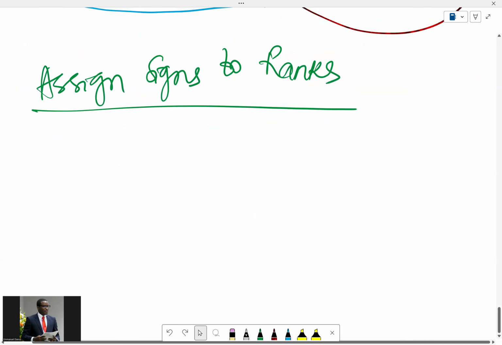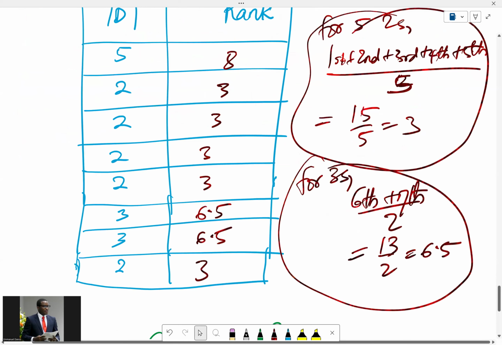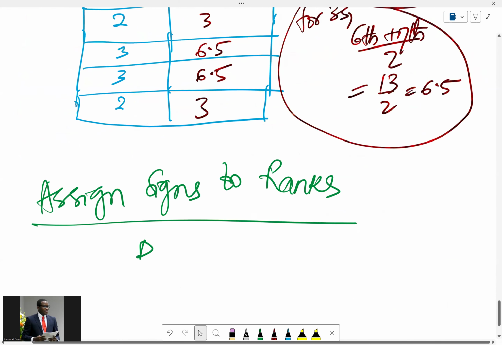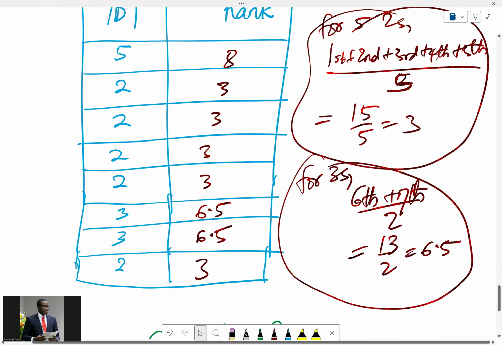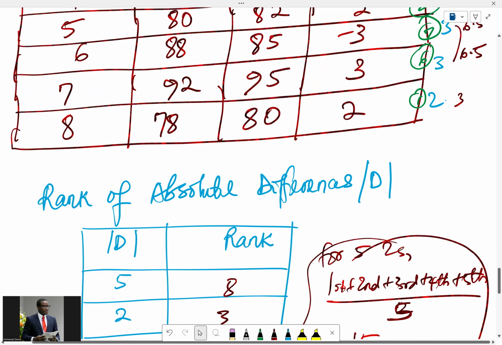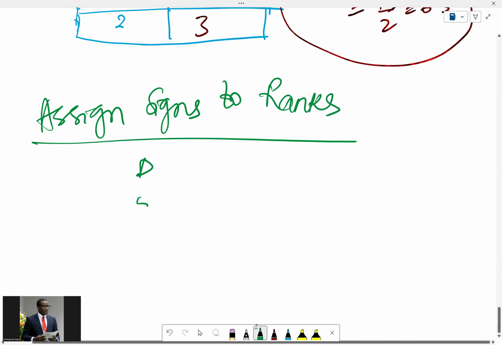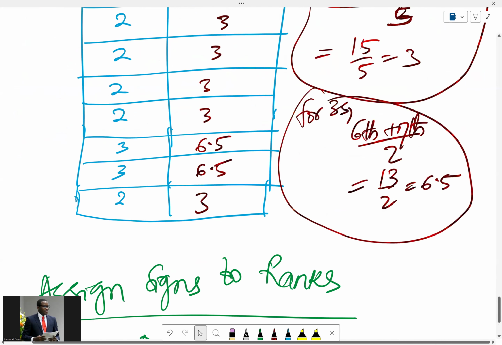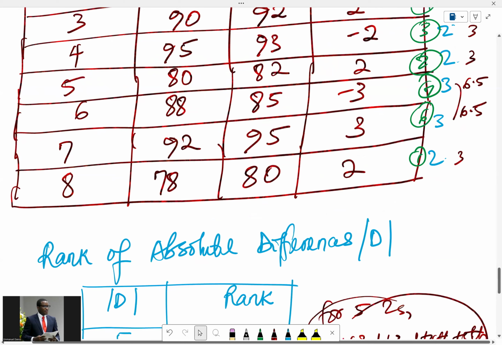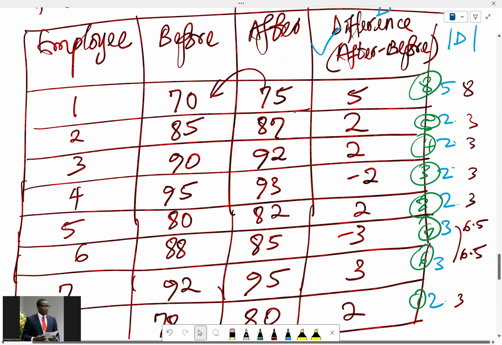So here we have the normal difference D, and we look at that together with the rank. Before, it was 5, 2, 2, minus 2, then 2, minus 3, 3, 2.